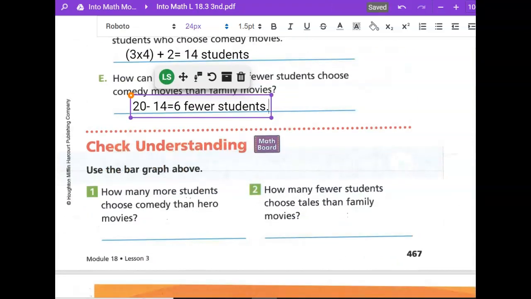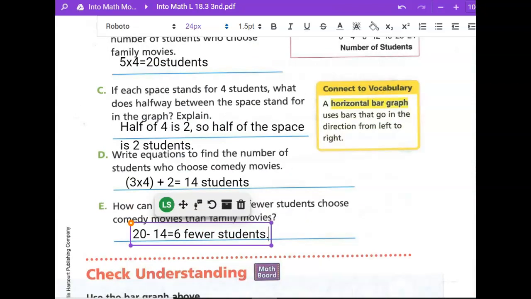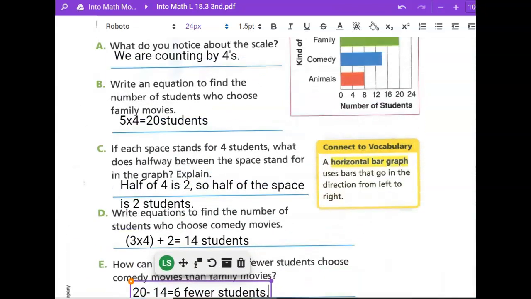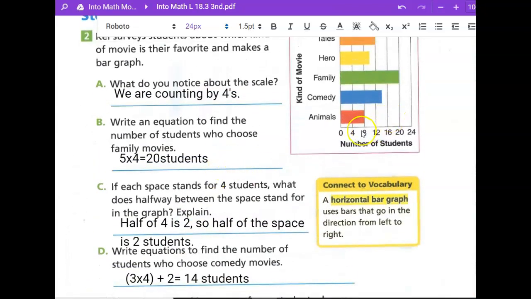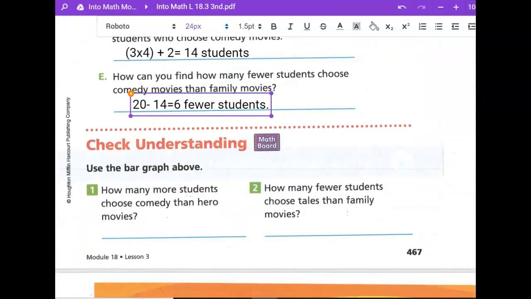Use the bar graph above. How many more students chose comedy than hero movies? Well, we already know that comedies is 14, and let's look at heroes is 8, and then it's halfway between 8 and 12, so we need to add 2 more. So that would be 10.